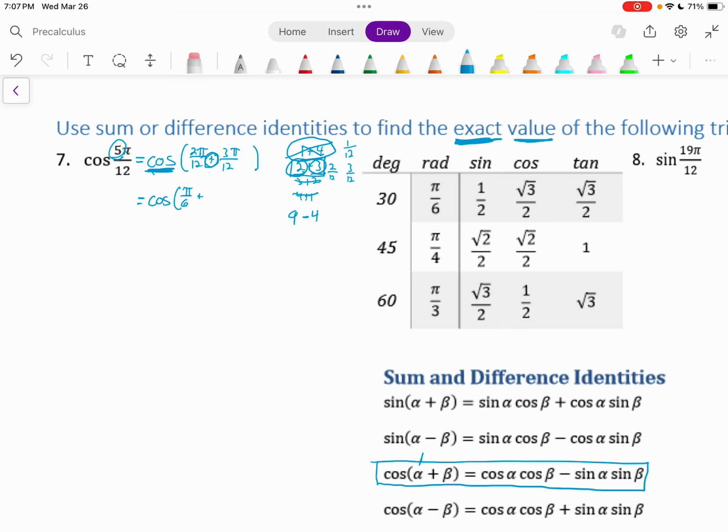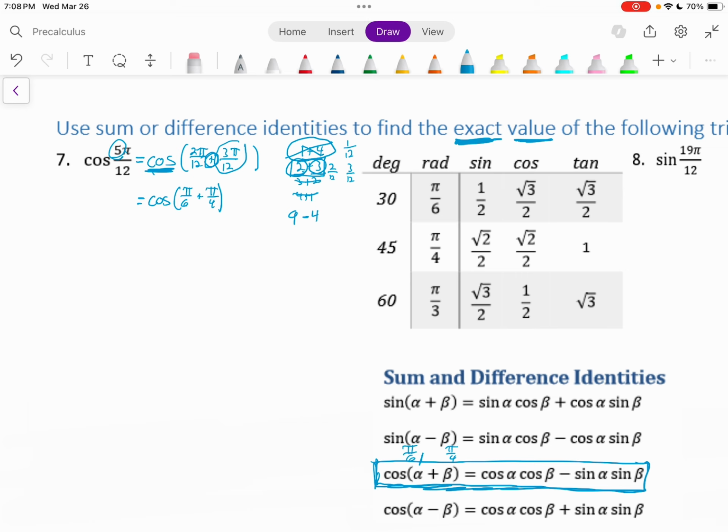So that's pi over 6, and if we reduce this one, that's going to be pi over 4. So now coming to our cosine sum identity, alpha is going to be pi over 6, and then beta is going to be pi over 4.